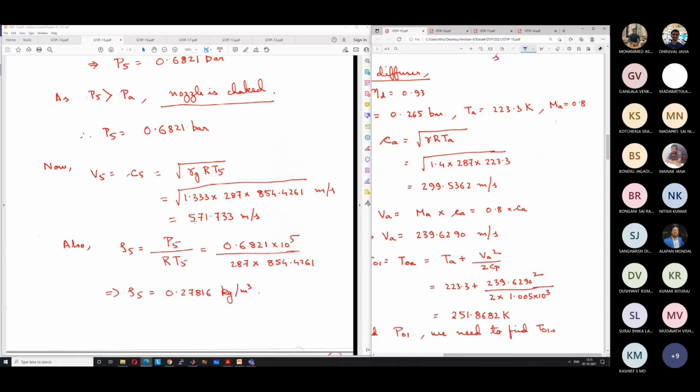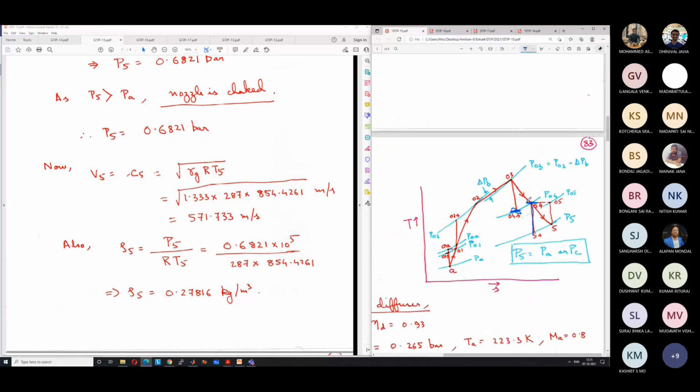So V5 we have found to be 571.733. What is the next task? We have to find the pressure thrust. Momentum thrust we will be able to find using V5. For finding pressure thrust, remember we have to find the density. This also we have discussed today. Rho 5 is P5 by R T5.